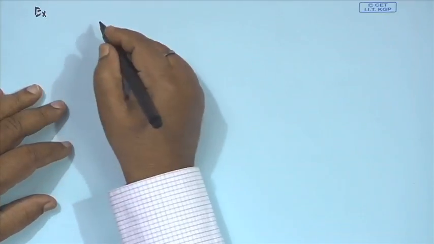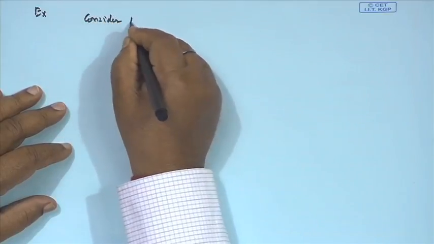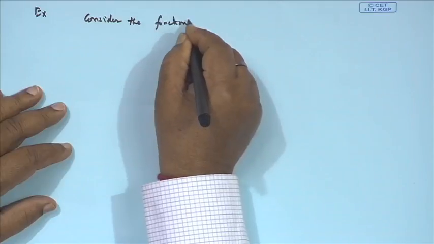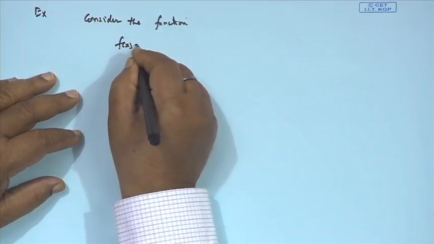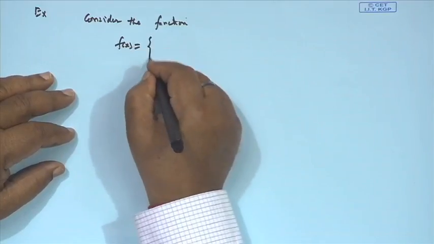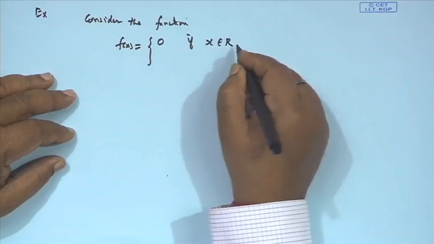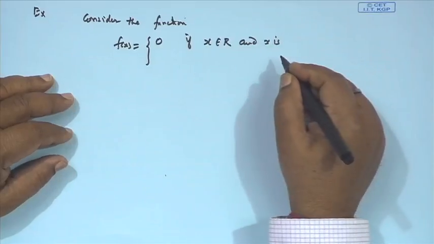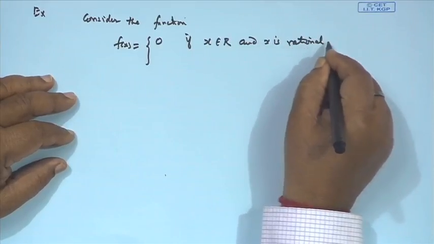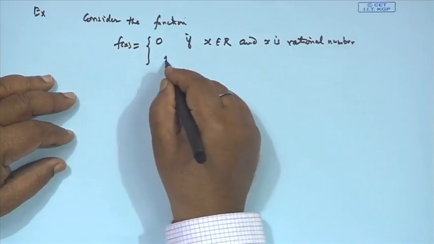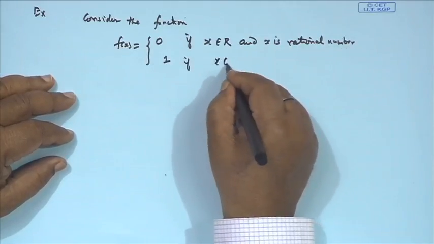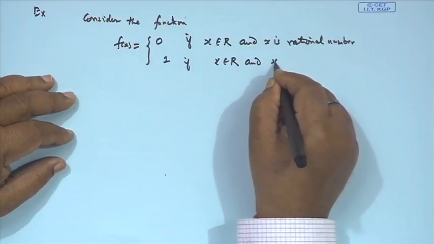Now, third example: consider the function f of x equal to 0 if x belongs to R and x is a rational number, and 1 if x belongs to R and x is irrational.